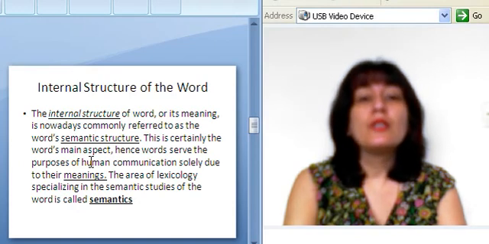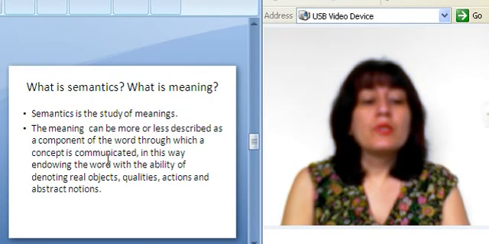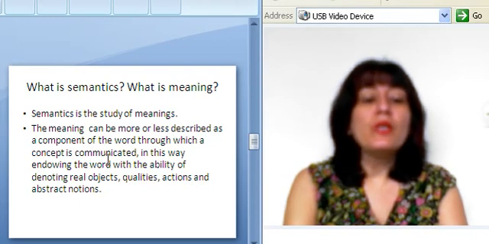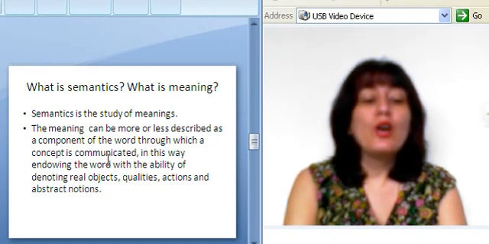We said that semantics is a study of meanings and tried to answer the question what meaning is. The meaning can be more or less described as a component of the word through which a concept is communicated, in this way endowing the word with the ability of denoting real objects, qualities, actions, and abstract notions.